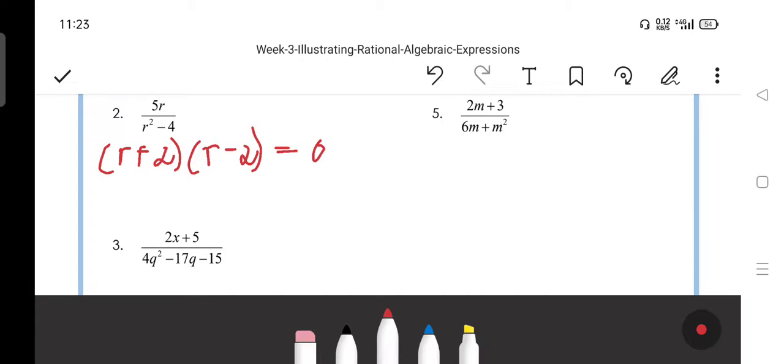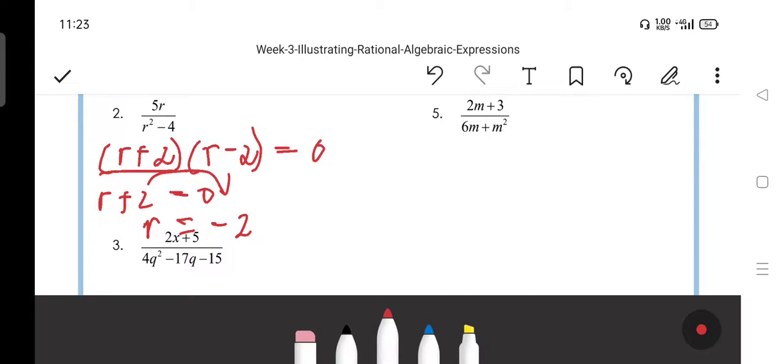Okay, and after equating the factors to 0, equate each factor to 0 again. So we have r plus 2 is equal to 0, the first factor here, and solve for r, or the variable. So we have r is equal to, if we're going to transpose positive 2 to the right, that becomes negative 2.